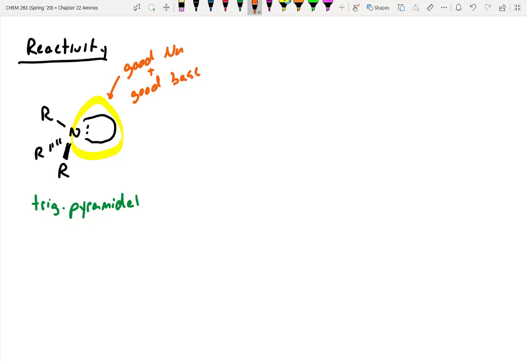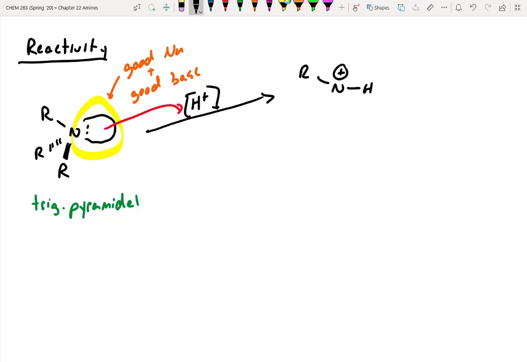It's not as stable as some other species, but it's relatively stable. So if we treat it with an acid, some sort of proton source, this lone pair can grab that proton, and we can make our ammonium salt. When we make this ammonium salt, the VSEPR shape changes, and we go from trigonal pyramidal to our classic tetrahedral.